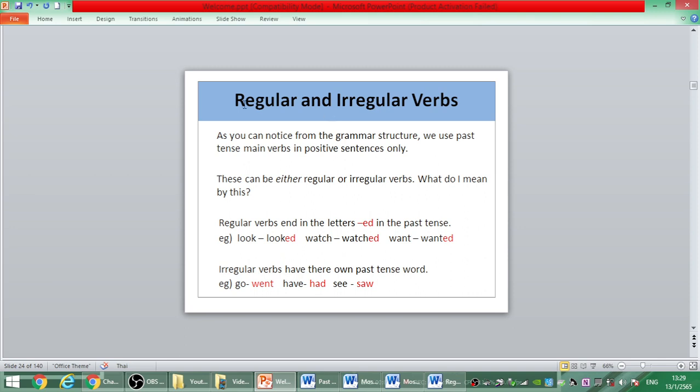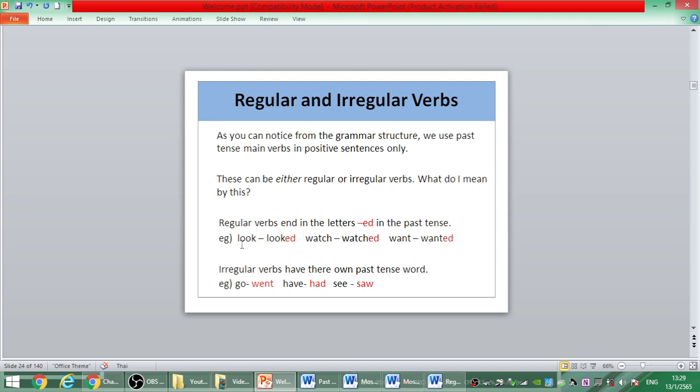So let's move on to regular and irregular verbs. As you can notice from the grammar structure, we use past tense main verbs in positive sentences only. These can be either regular or irregular verbs. And what do I mean by this? Regular verbs end in the letters ED when used in the past tense.